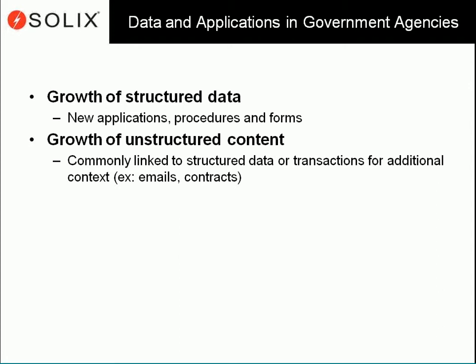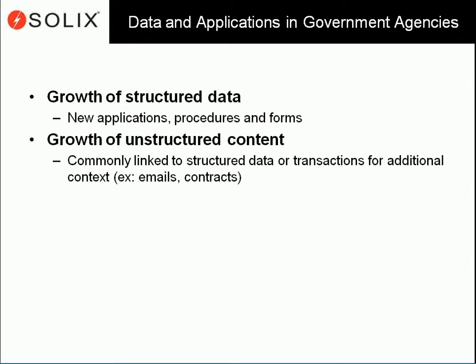The same is true for unstructured content, where we are talking about documents or other types of content. One of the key things in modern applications is the ability to relate structured data and unstructured content. For example, when a new PO gets entered, the application can also capture the PO document or invoice in scanned form and attach it to the transaction.